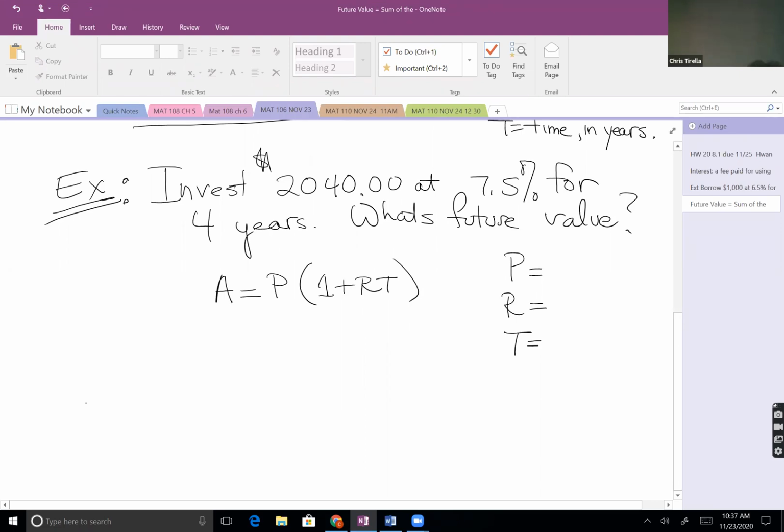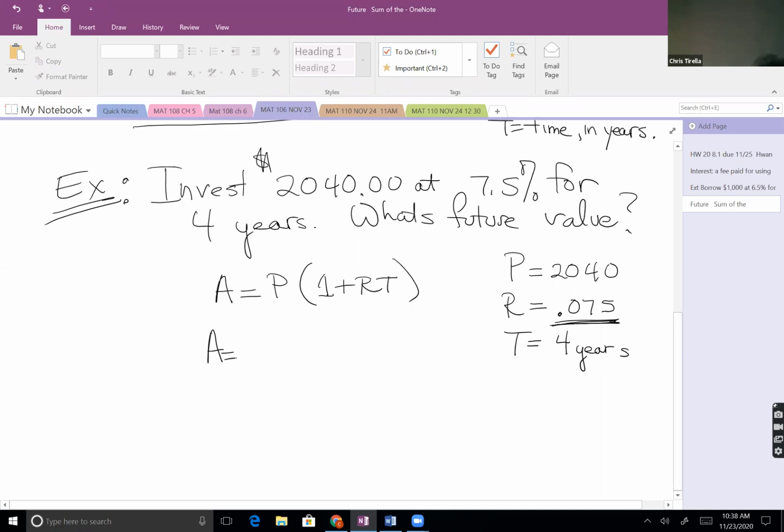So what's P here? The 2040. What's R? 0.075. Beautiful. Make sure you take that percent and write it as a decimal. And T is 4 years. 4 years, beautiful. And it's in years for us already.